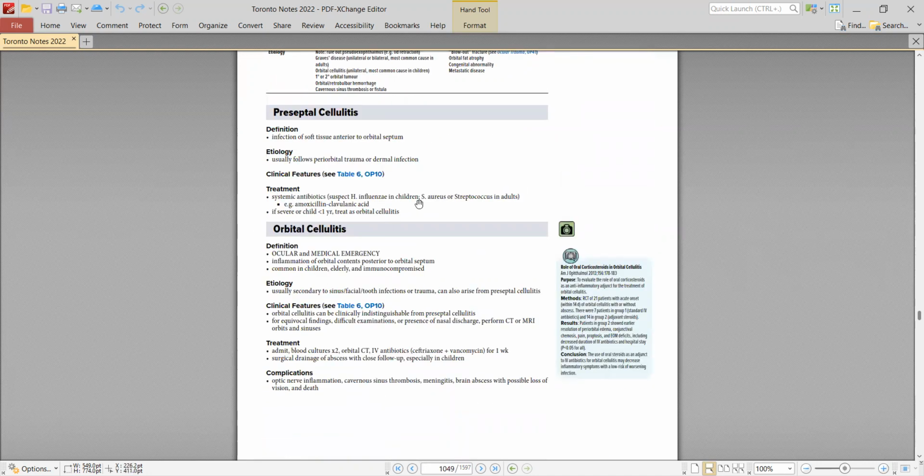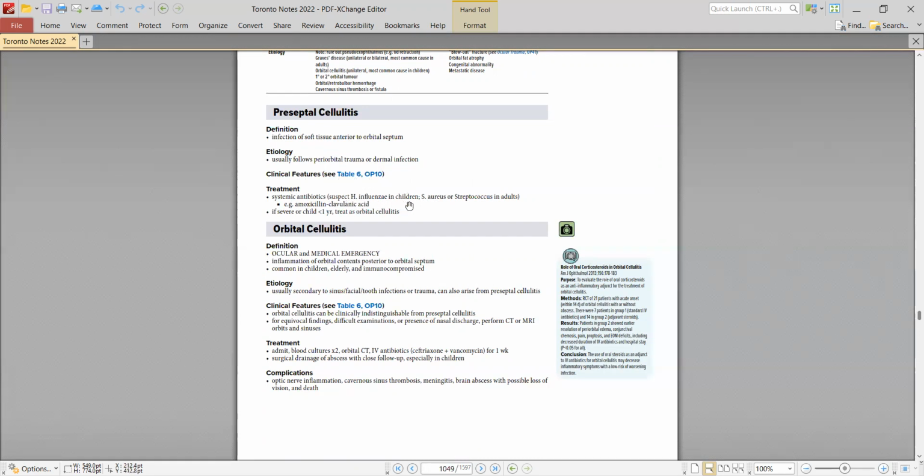So what antibiotic? Most often the cause is H influenzae in children, Staph aureus or Streptococcus in adults. Staph is always the culprit in adults; staph, strepto, and H influenzae in children after viral infection, because they rub their eyes after any viral infection.